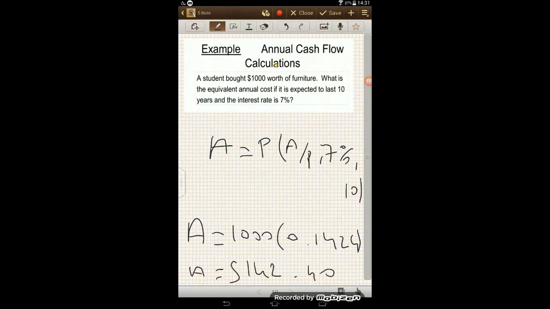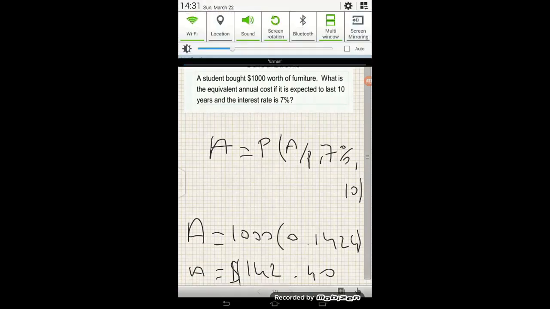That is gonna be our annual series. So instead of paying 1,000 right now, the student needs to pay every year $142.40 for 10 years in order to cover the present value. This question ends here.